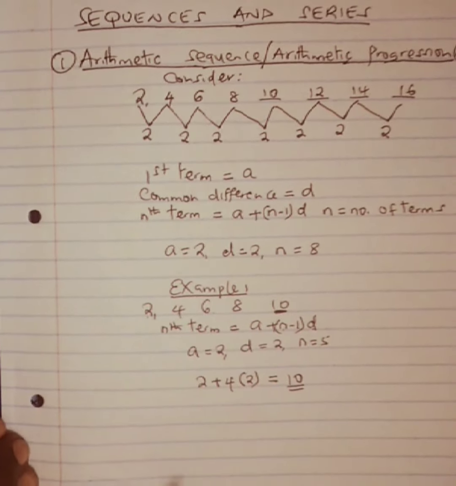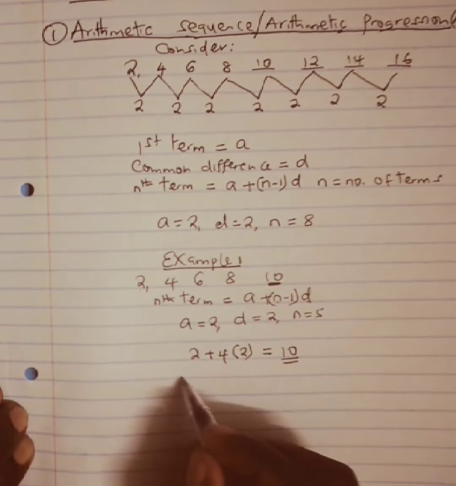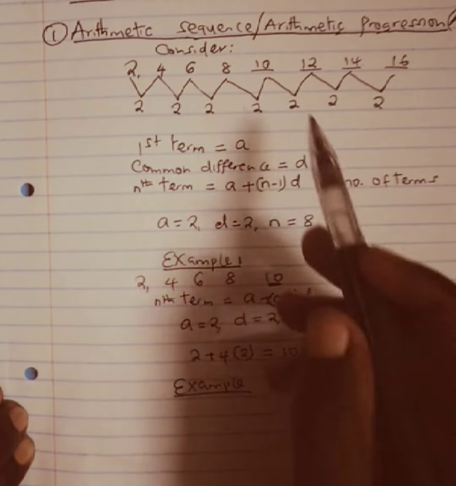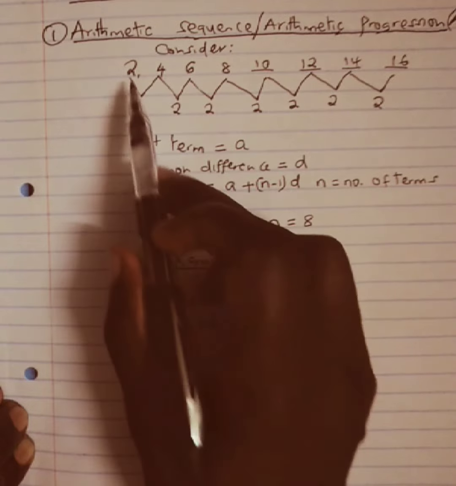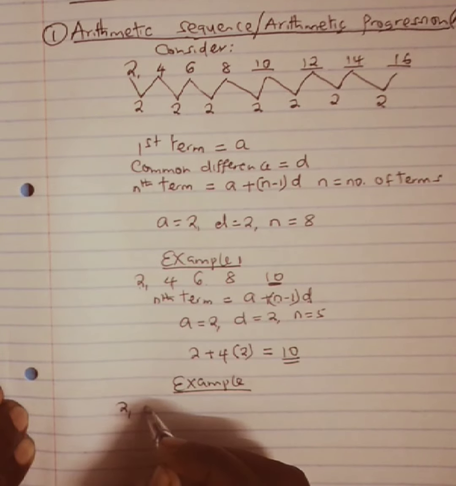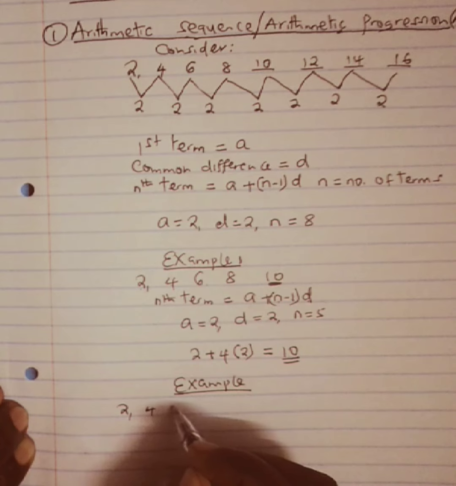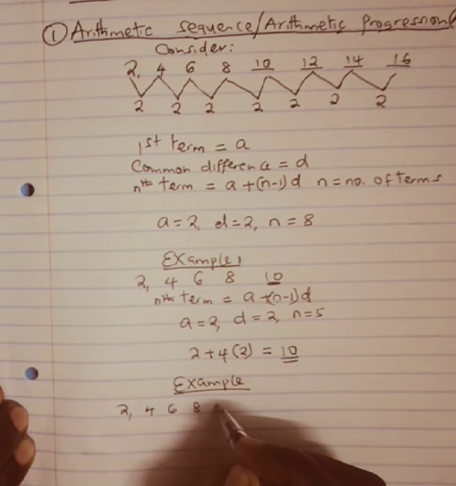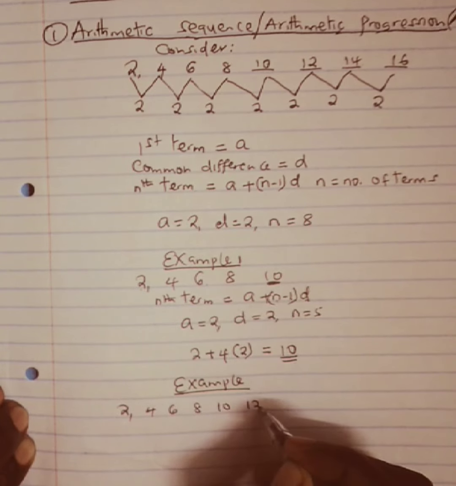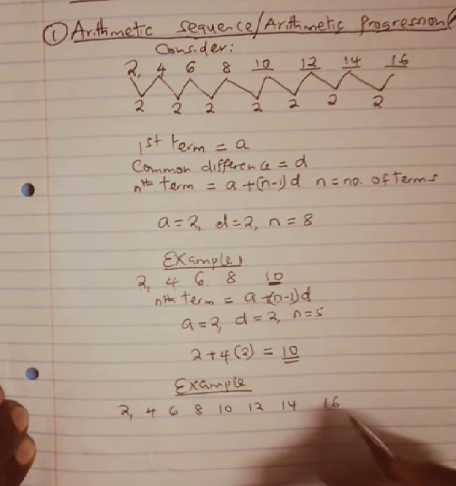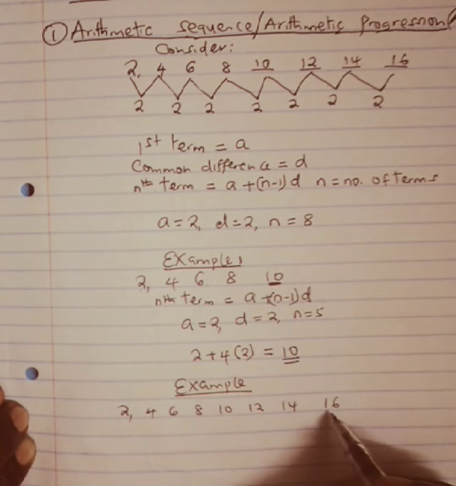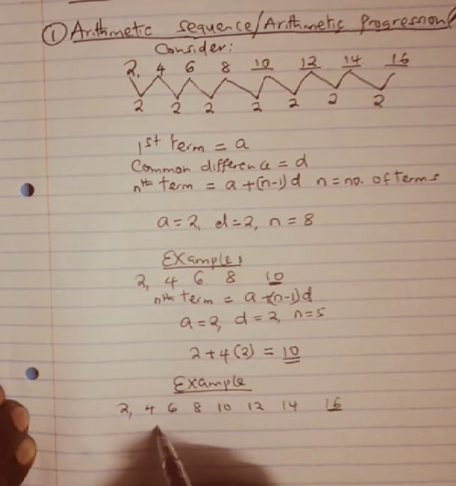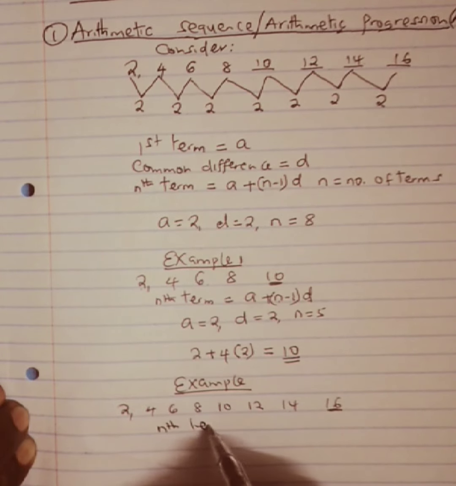What if, for example, we have the entire sequence, that is 2, 4, 6, 8, 10, 12, 14, and 16. 16 is our last term, and the last term, which is 16, we call it the nth term.